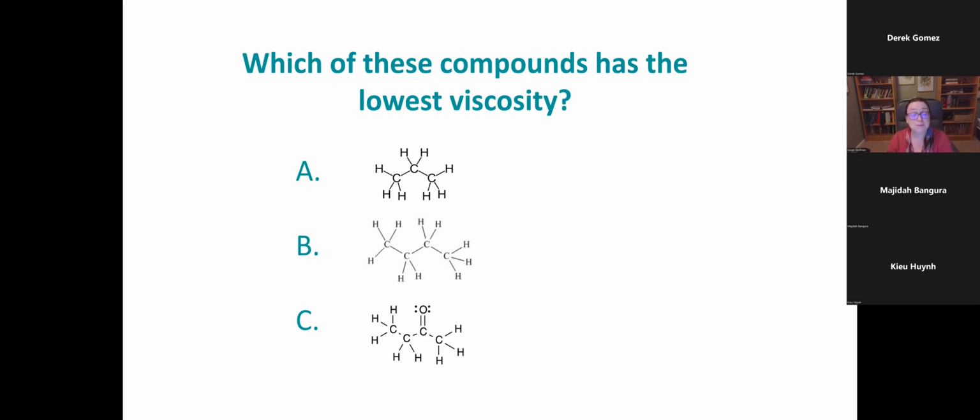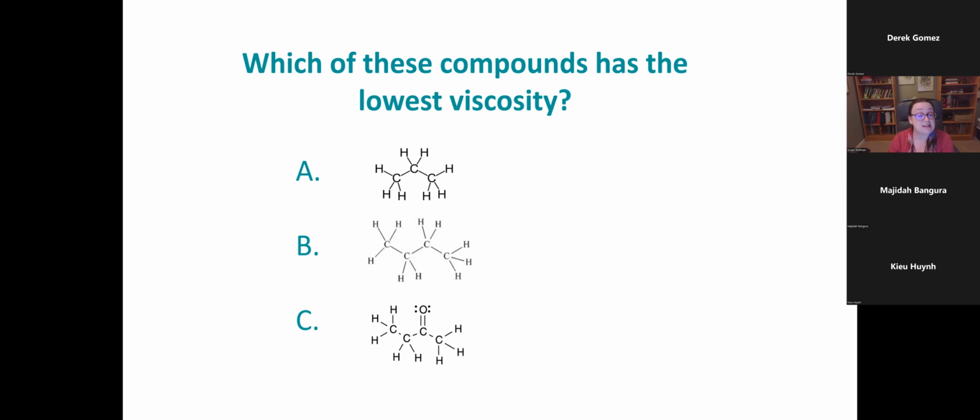So be careful. Just like how we had to be careful with the periodic trends, whether we were looking for the biggest size or the most metallic or the largest ionization energy, make sure you're reading the question carefully.